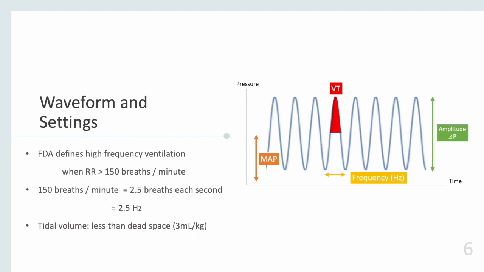The orange level is the mean airway pressure, and the green is the amplitude, or delta P. The red area in the waveform is tidal volume. This tidal volume is smaller than the dead space, and it's one of the characteristics of ventilating with a very small ventilation volume.